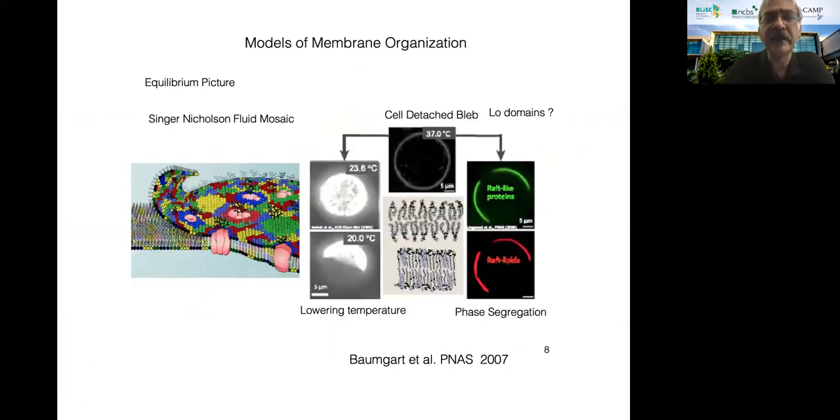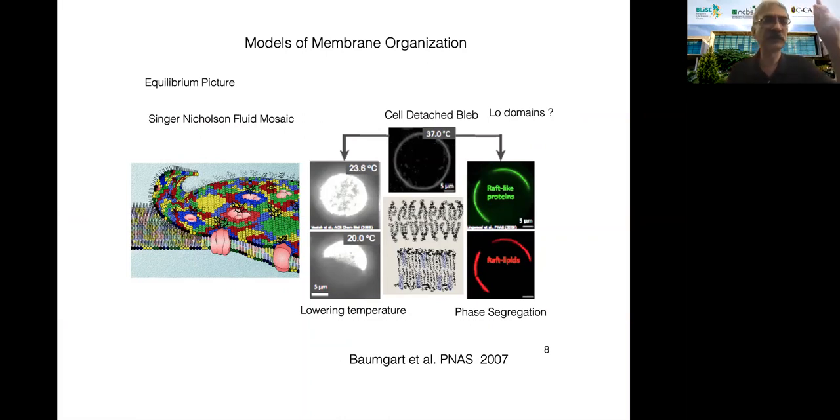And I should add that the equilibrium picture states the following: if you have a membrane and it has a particular composition, that composition will phase segregate, and those phase segregated patches then give rise to some sort of function. But I think people forget that for phase segregation, you need to have at least two parameters fixed.